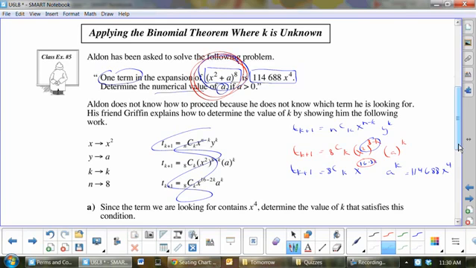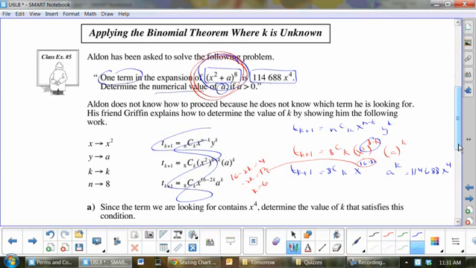Or how else am I going to get an x to the 4th in the answer? So we have to go, well, 16 minus 2k, that has to equal 4. So if I subtract 16 from both sides, I'll get negative 2k equals negative 12, right? And I will get k to equal 6.